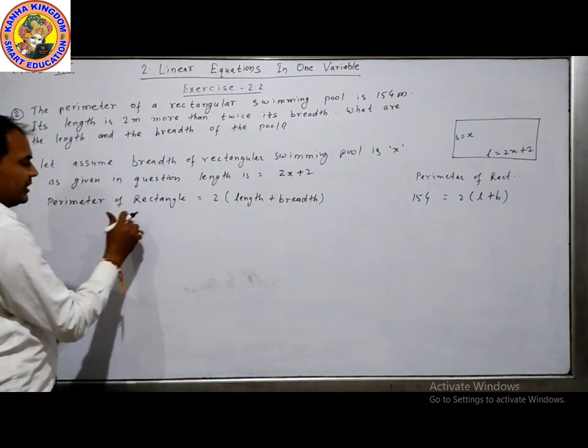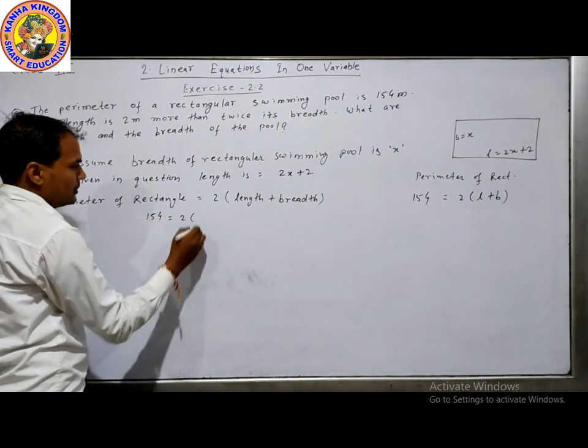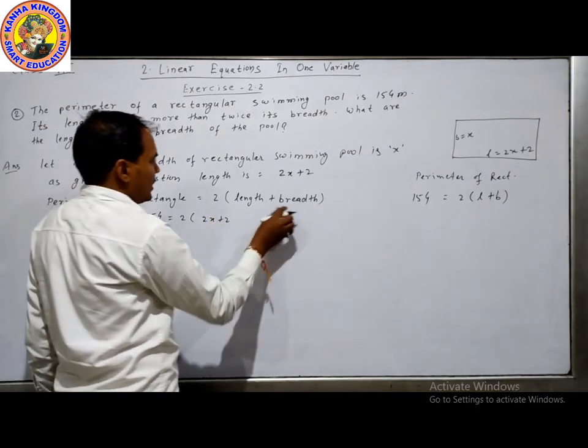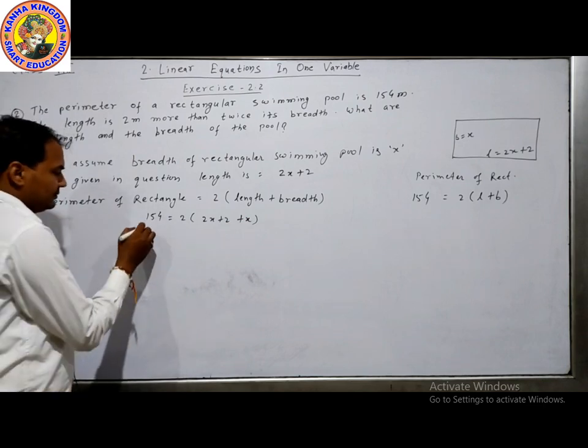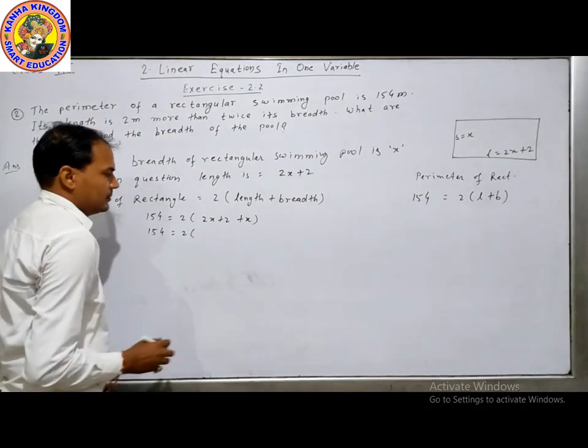Given in the question, the perimeter of the rectangle is 154, the length is 2x plus 2, and the breadth is x. So 154 is equal to 2 into.